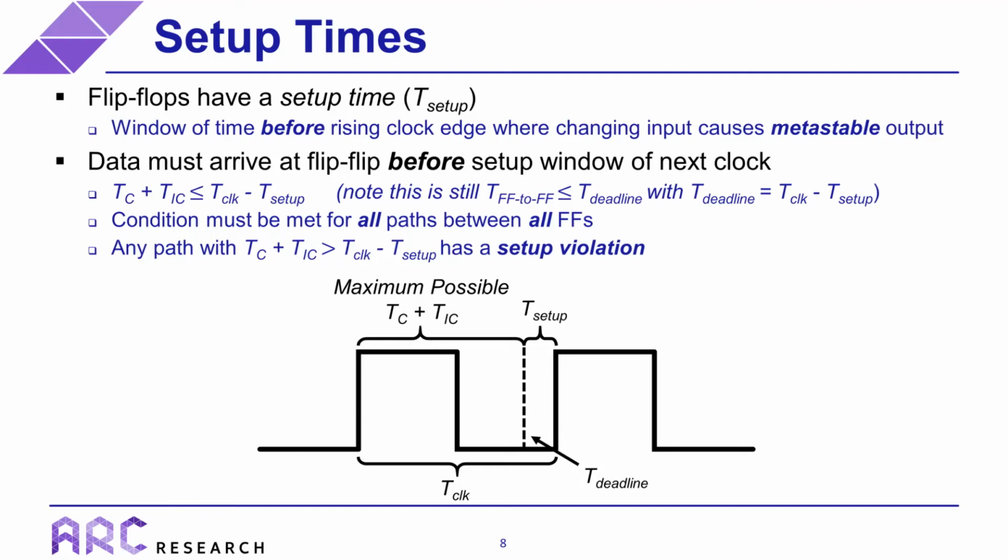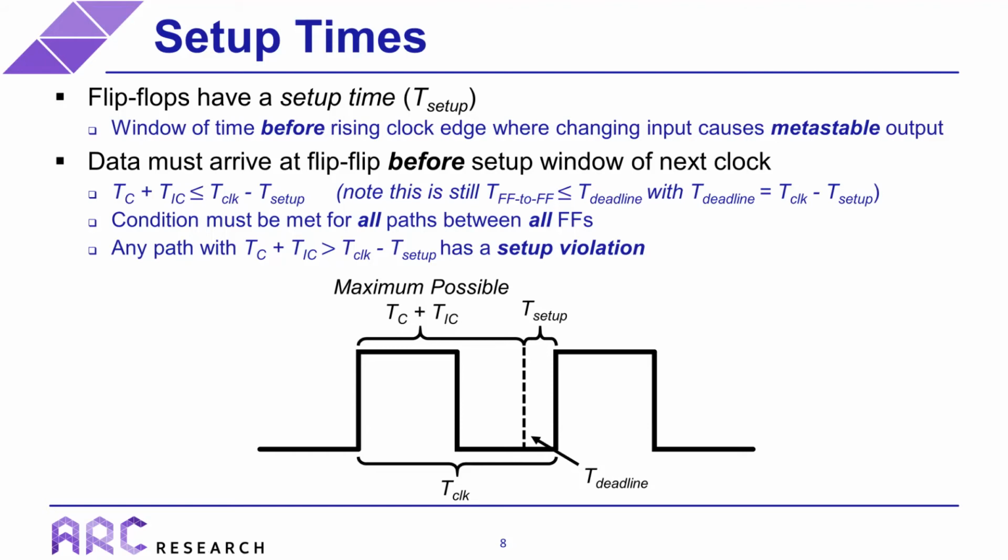Basically, we need to ensure that for all paths between all pairs of flip-flops, the summation of the cell delays and interconnect delays along each path is less than or equal to the clock period minus the setup time. Now, if there exists any path that violates these conditions, then that path has what is called a setup violation that must be optimized to ensure correct functionality.